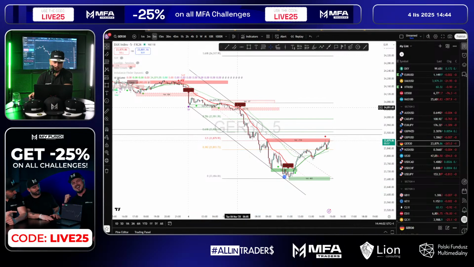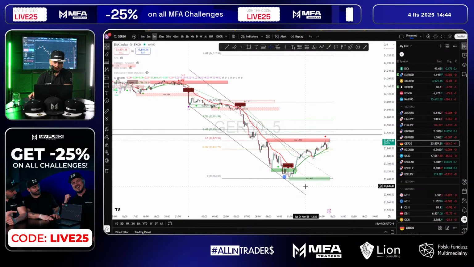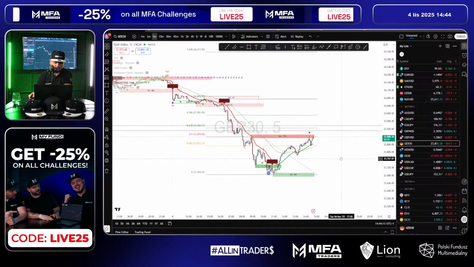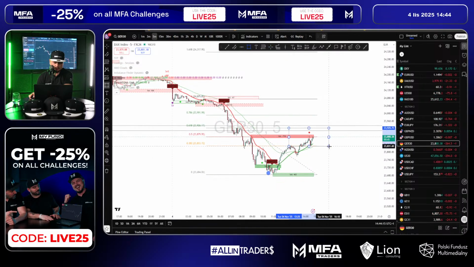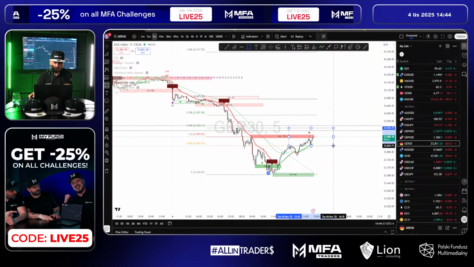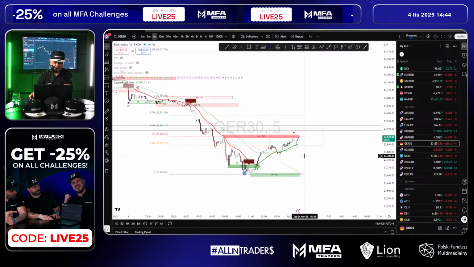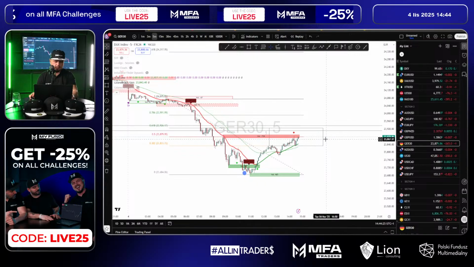Rotation channel probably like this, and now we are breaking through and we are going in the opposite direction. So if we want to look for the trade for continuation, we need to mark our pullback zone, which is going to be over here. And we cannot break through 61.8. Okay, so we cannot break through this box.